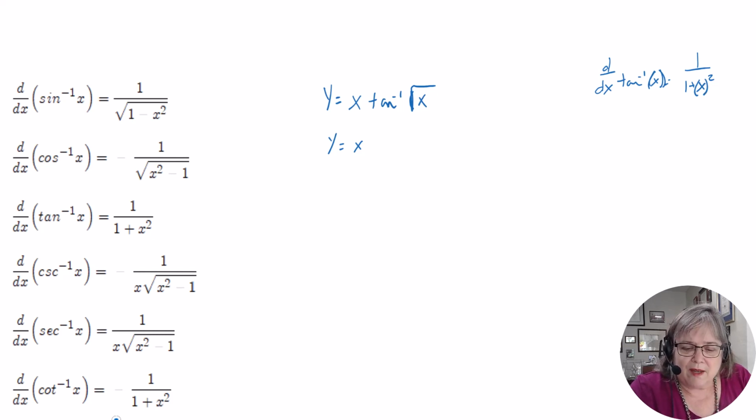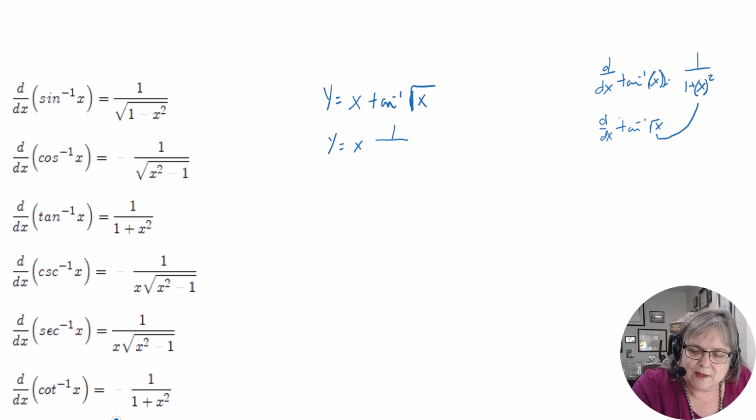Well, all right, so what are we getting ready to do? We're getting ready to take the inverse tangent of x, right? So we have the first times the derivative of the second. So it's 1 over, and in our case, we have the inverse tangent of the square root of x.